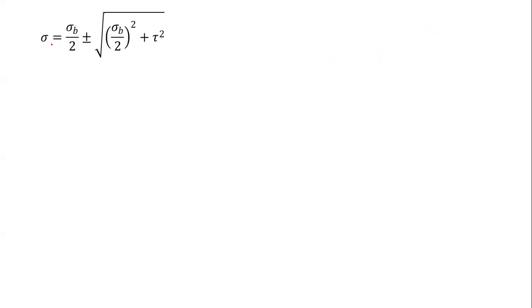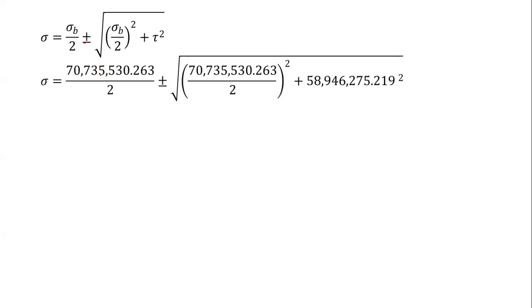So to find the first one, which is supposed to be stress 1, I'll just add here instead of subtracting. First I substitute. Bending stress was 70,735,530.263, divide everything by 2. Then here we're saying plus or minus the same factor here, squared, plus 58,946,275.218.